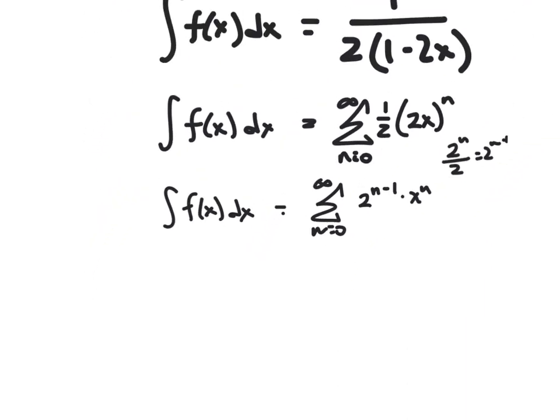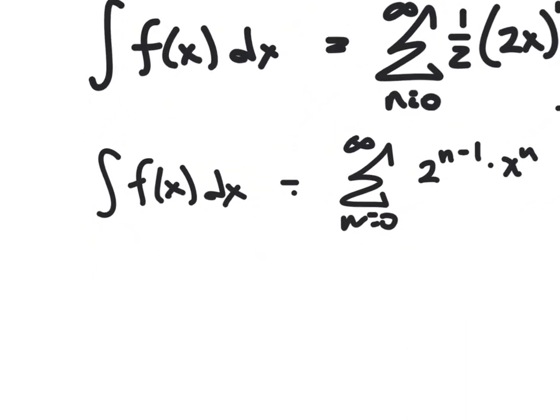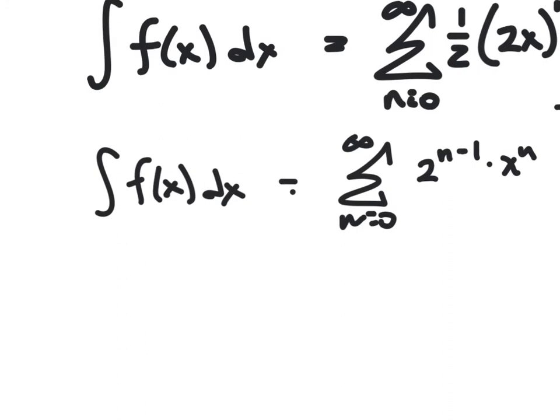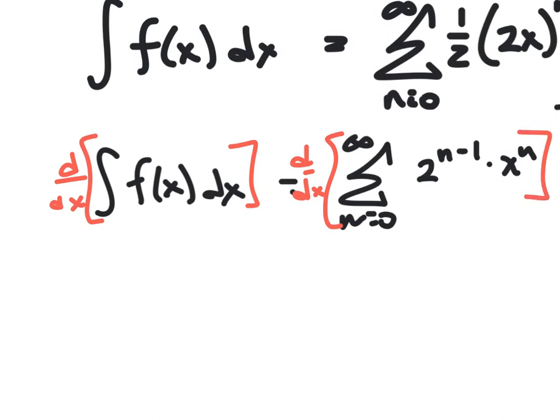Alright, so I've got this power series for the integral of f of x. So now what I want to do is take the derivative of both sides. That makes the left side f of x.